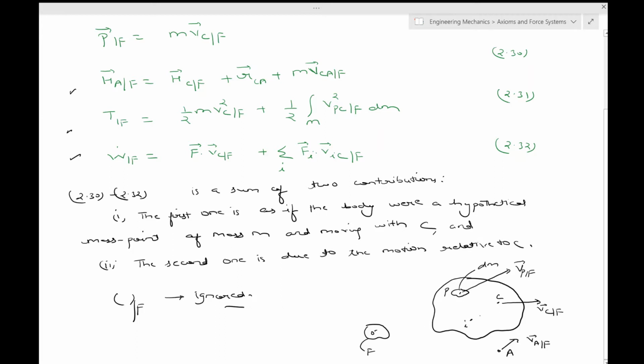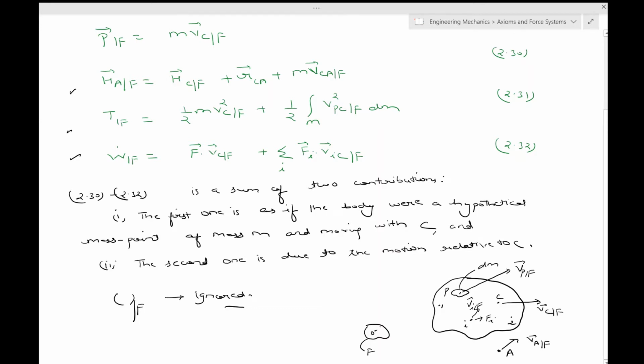It has, say, the force F_i and the velocity v_i with respect to F frame. So you can have point number 1, point number 2 and so on with own V1 by F and F1, and for 2 it will be V2 with respect to F frame and F2 and so on.